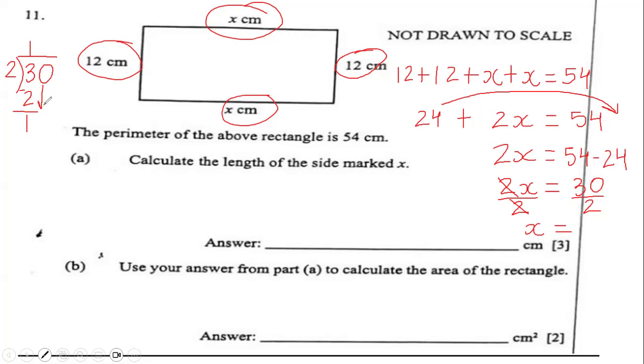Bring down the 0. How many times does 2 go into 10? 5 times. 2 times 5 is 10. So we have 10 minus 10 is 0. And so we have 2 times 15 is 30. And so we have x is going to be equal to 15.